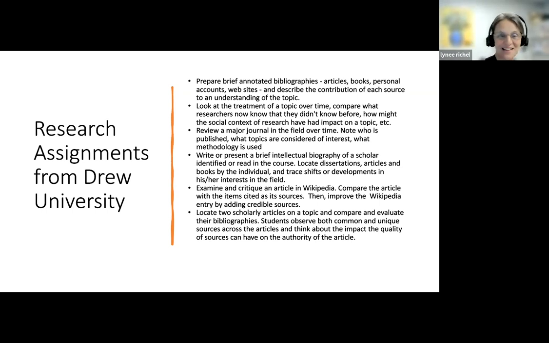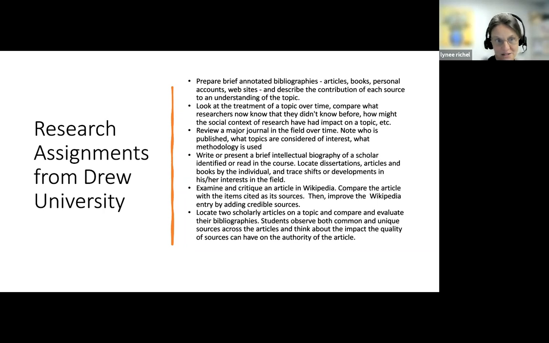That is one of our go-to recommendations for faculty who want students to dip their toe into research. And they have to annotate those. So they have to understand how that particular piece of information contributes to the student's understanding of a source.